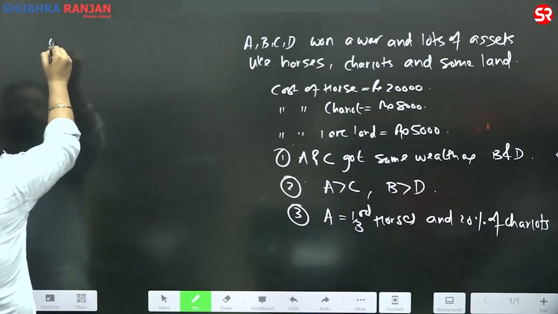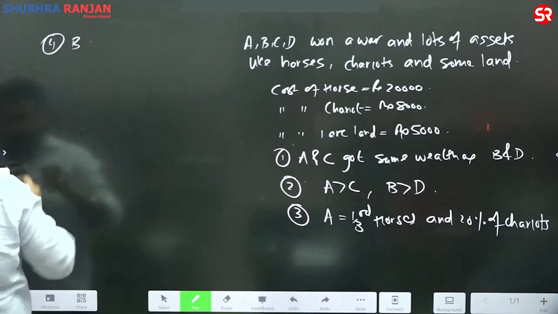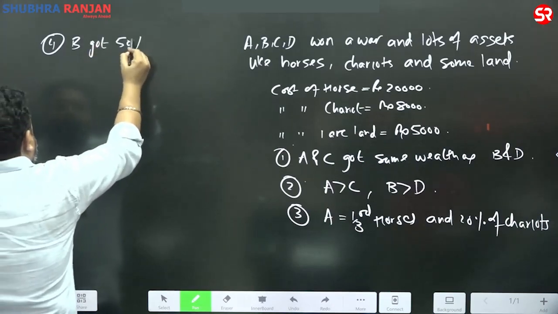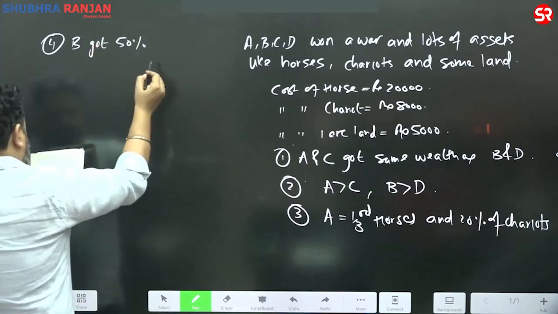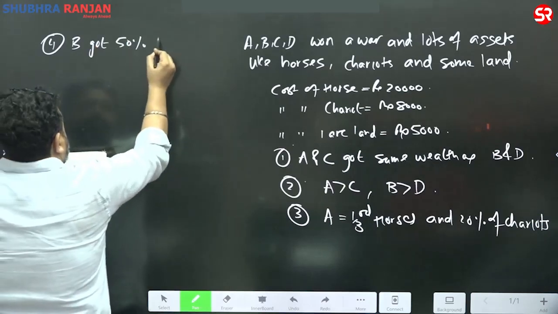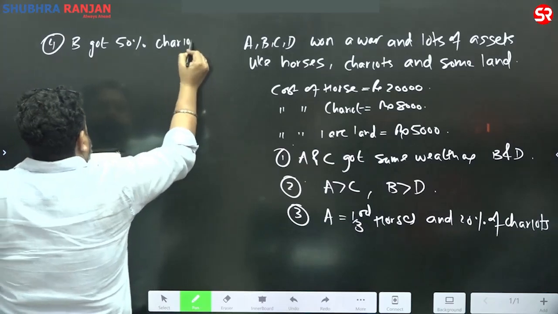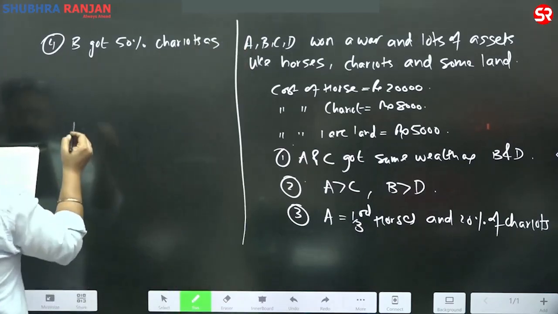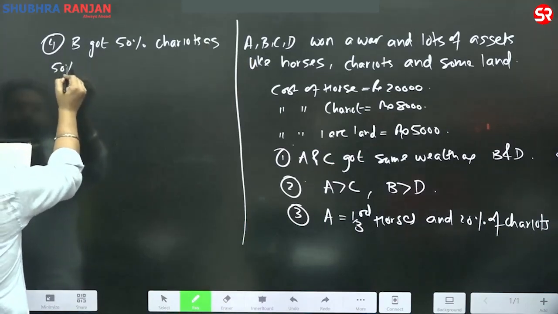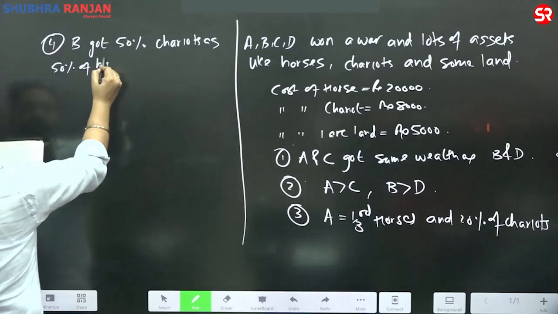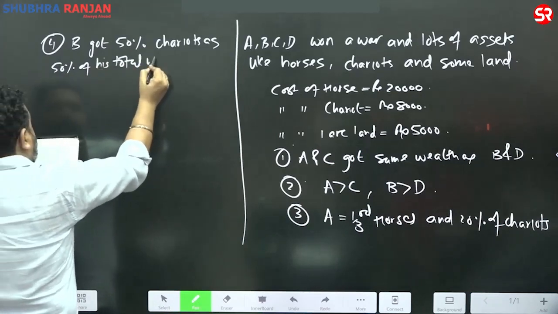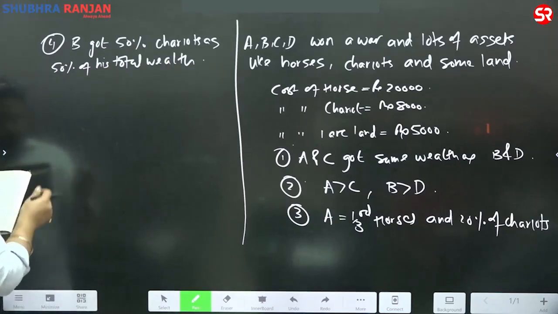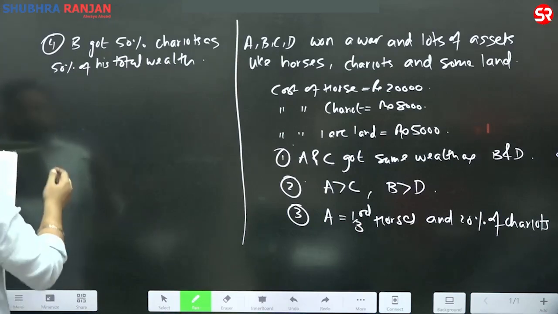Point number four. B got 50% chariots as 50% of his total wealth.